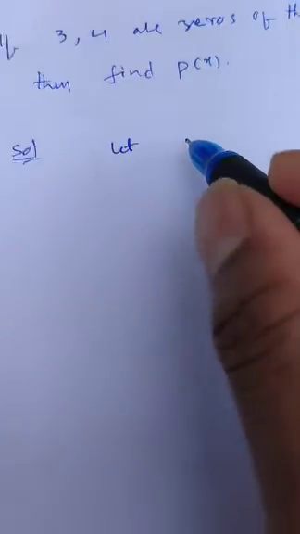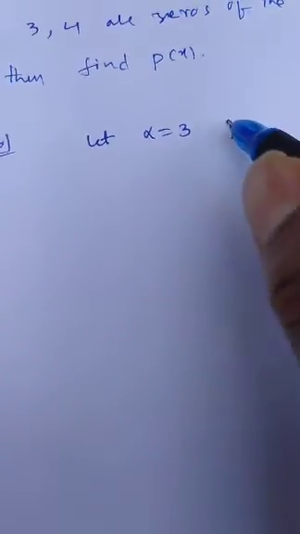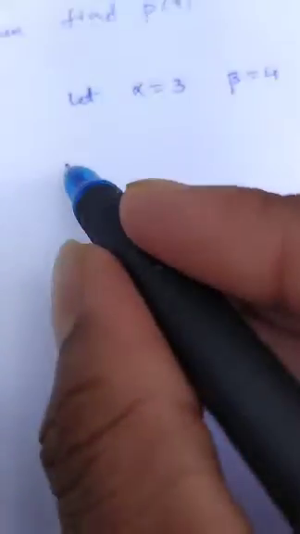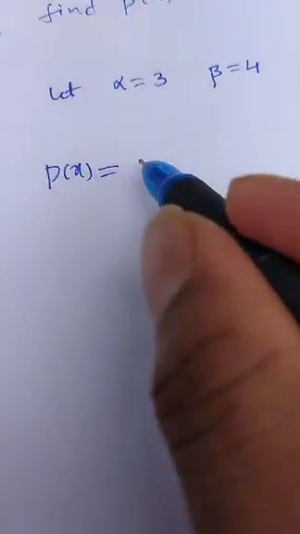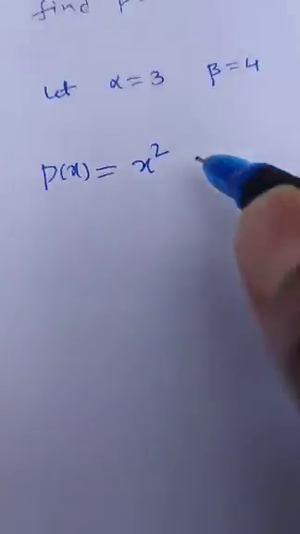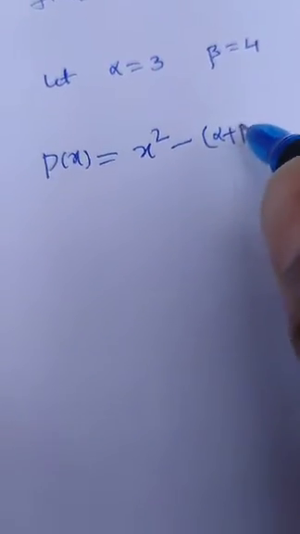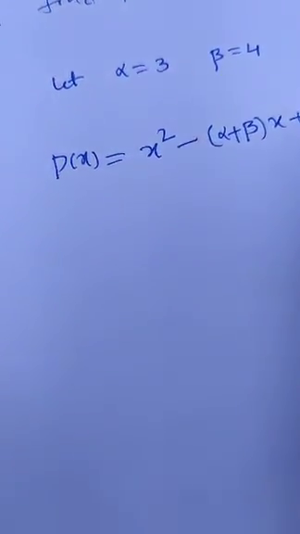First of all, take the given zeros as alpha, beta. Alpha is 3 and the second zero, beta, equals 4. Then to find the required polynomial, use the formula I have mentioned: x square minus alpha plus beta into x plus alpha beta.